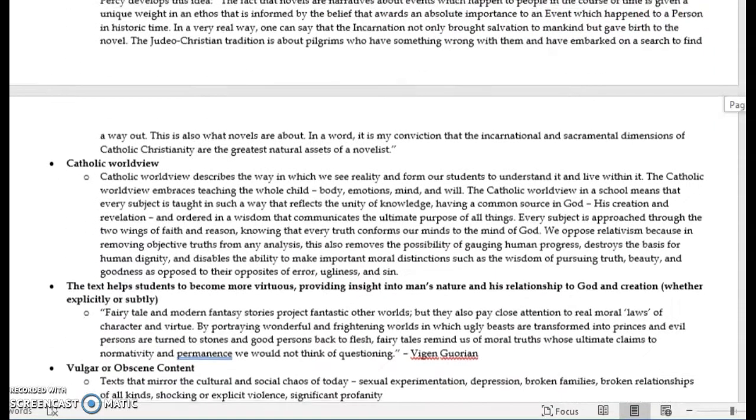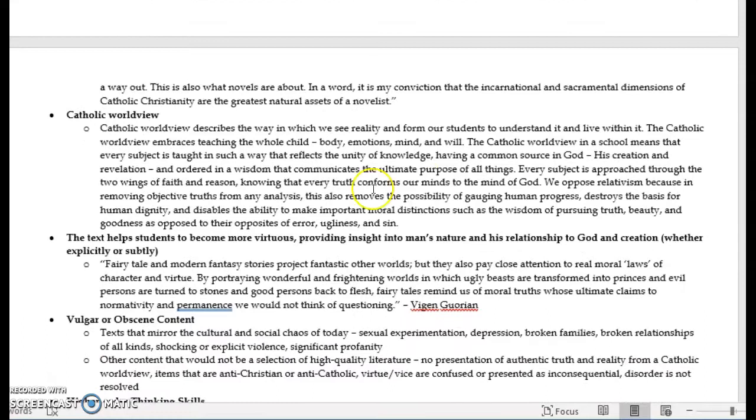And the piece about Catholic worldview, the way in which we see reality and form our students to understand it and live within it. The Catholic worldview embraces teaching the whole child. The Catholic worldview in a school means that every subject is taught in such a way that reflects the unity of knowledge, having a common source in God, His creation and revelation, and ordered in a wisdom that communicates the ultimate purpose of all things.